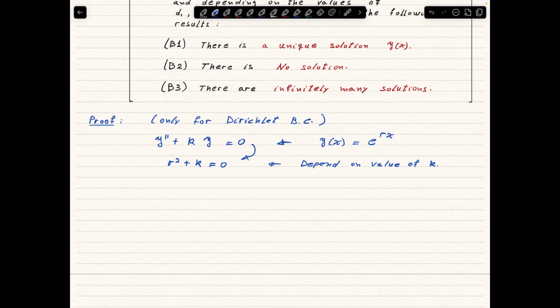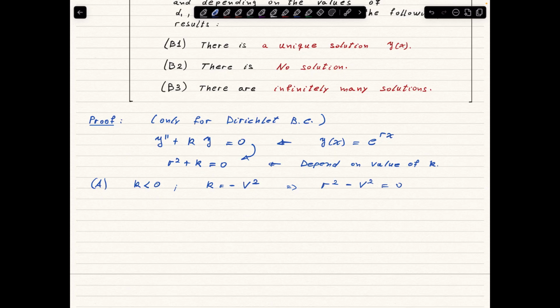So then we have several cases, and the main case that we have in the theorem is case A, when k is negative. Okay, let's start with that, k negative. So let's write k as negative some number squared, so that we see the k is negative. Now if we put that into the characteristic equation, we get r squared minus v squared equals 0.